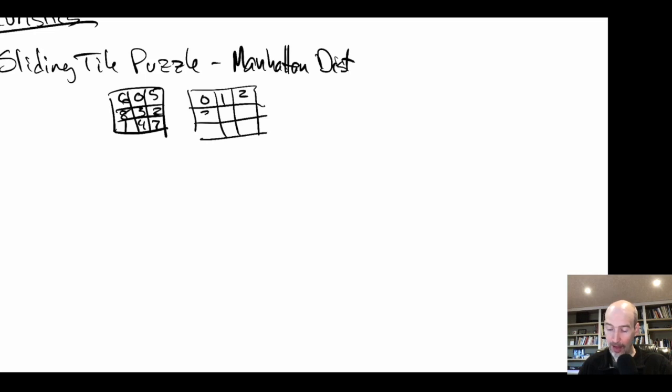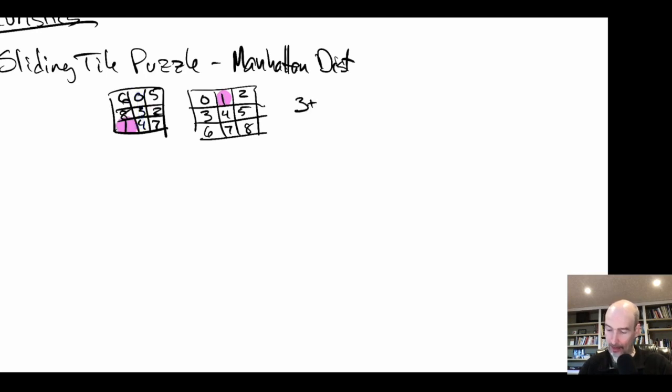And notice that I only do this for tiles. I don't do it for the blank. So I could look here and say, well, the 1 is sitting right here, and it's supposed to be here, so it is off by 1, 2, 3 moves. And so that would give me a heuristic of 3.